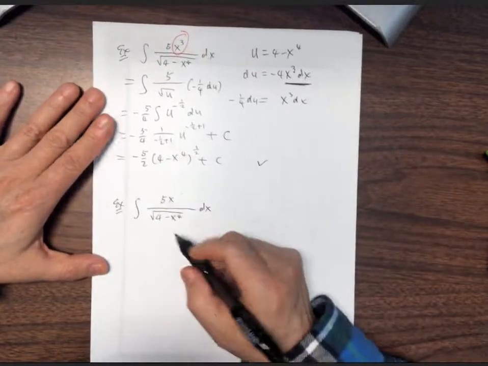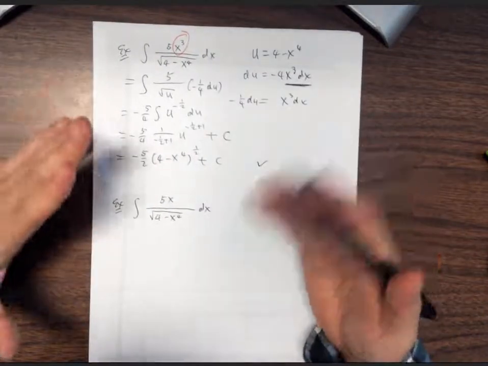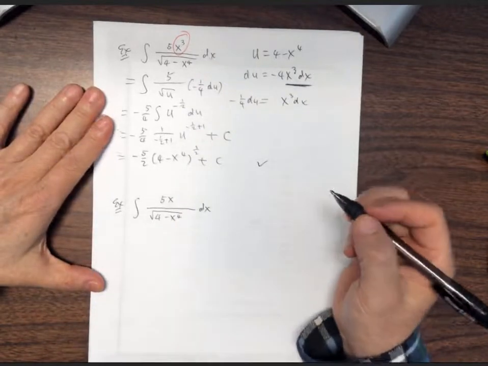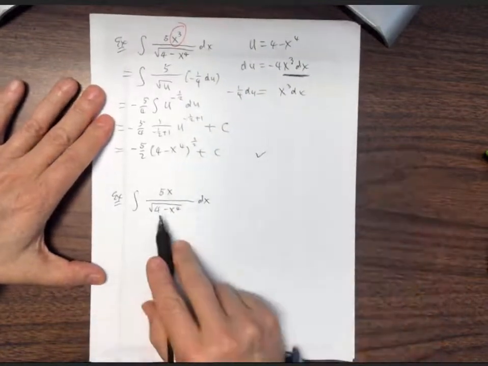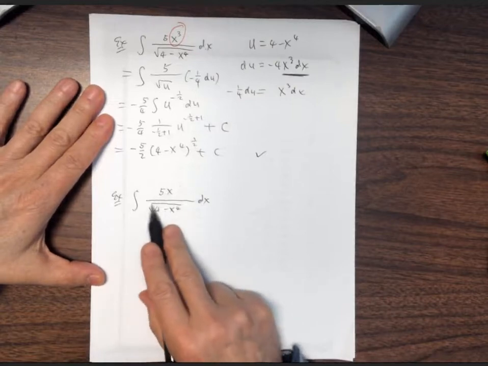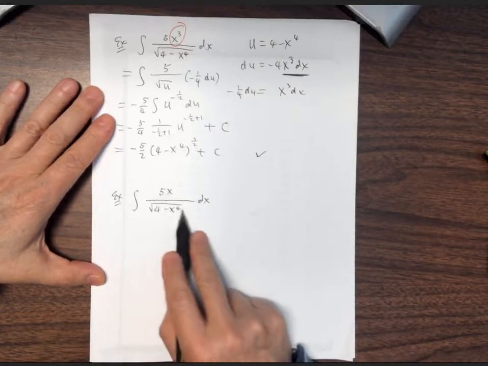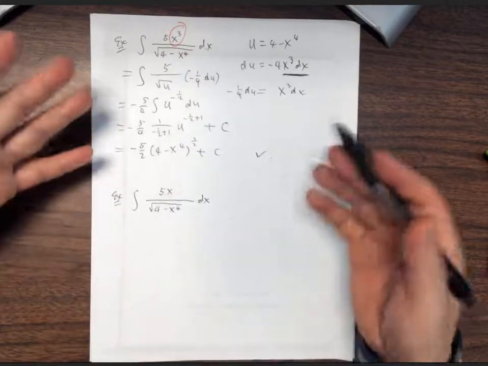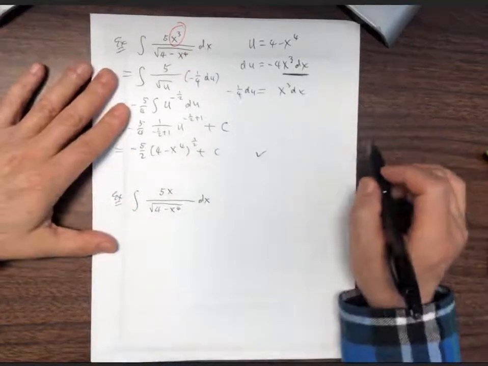Well, given this integral, naturally we want to see if there's any substitution that will work out, right? So two parts. This is more complicated as usual. So I'm going to try u equal to 4 minus x to the third power, hoping I get square root of u on the bottom, integrate, that kind of thing, right?